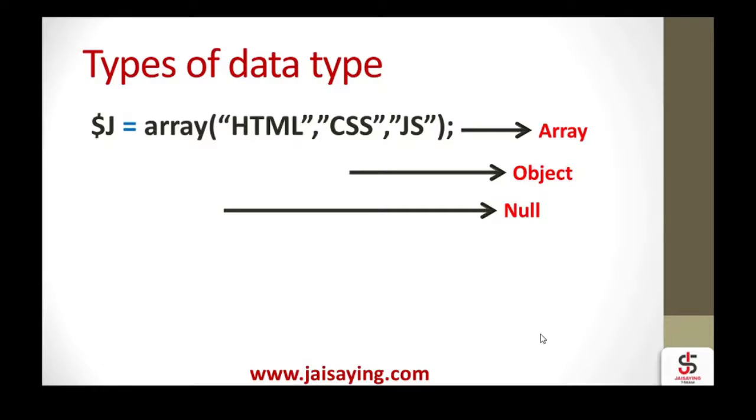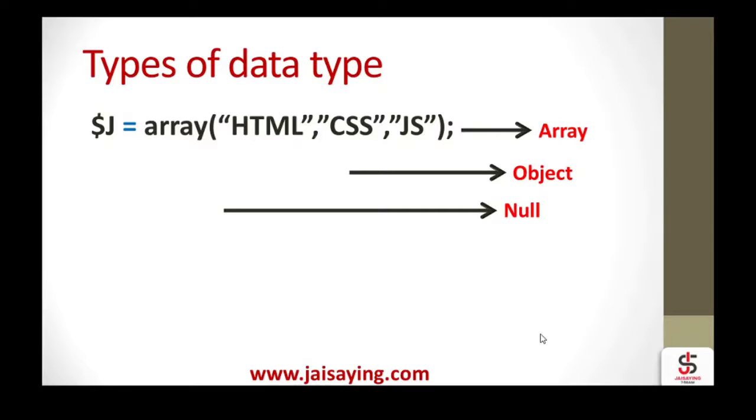The syntax of the array data type is you have to type array bracket. Inside the bracket you can give multiple values. I have given double quote HTML, double quote CSS, double quote JS.